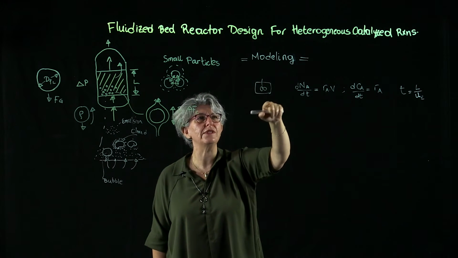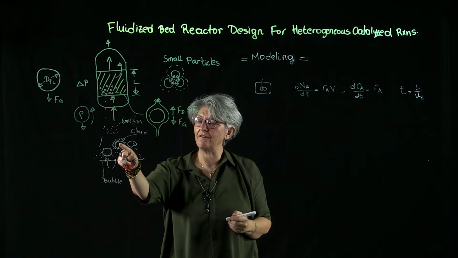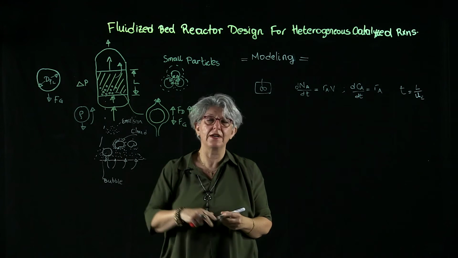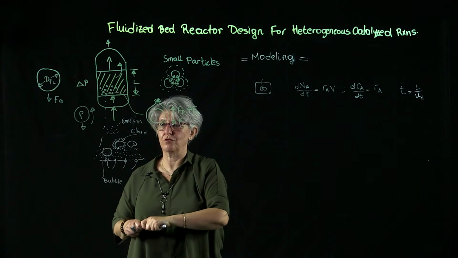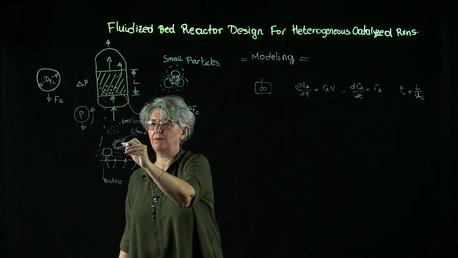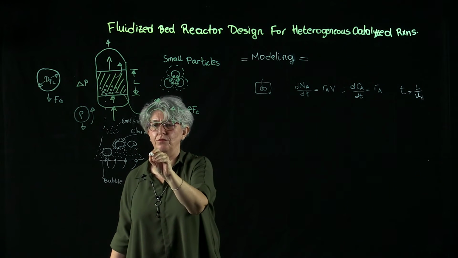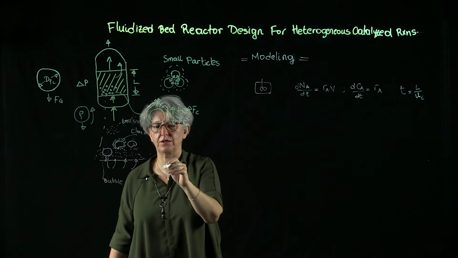Now, through this batch reactor, we have mass transfer. We have mass transfer in the direction of going from the bubble to the cloud, and from the cloud to the emulsion.